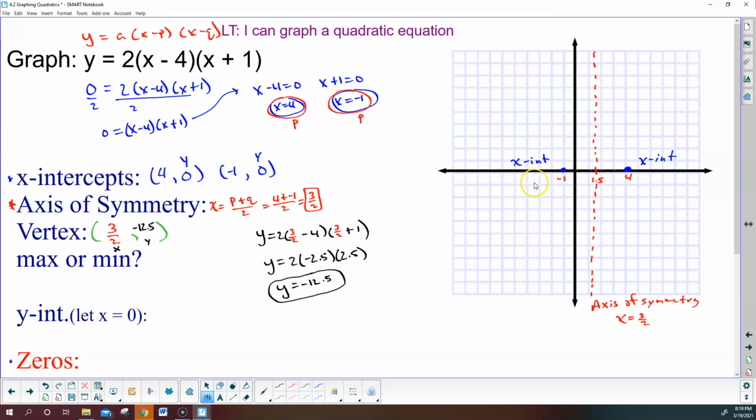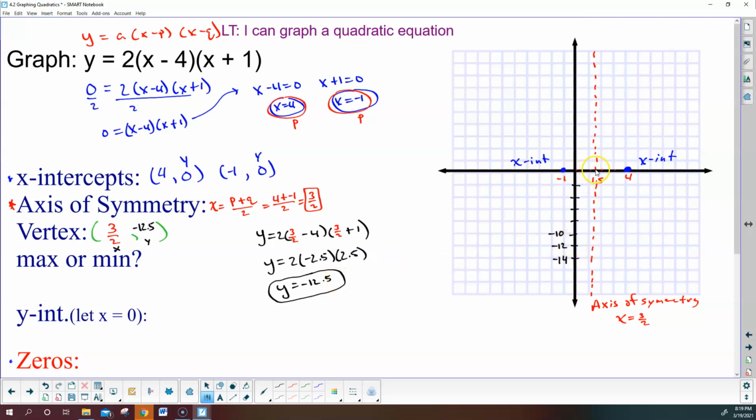Now notice, if I count, I would have to go down 12.5, but my graph only goes down by 10. So I can get creative with this, and I can call this 2, 4, 6, 8, 10. And I just might mark that as negative 10, and that tells the reader what the scale is. So you can always adjust your scale, and then that will be negative 14, negative 12, so negative 12.5.